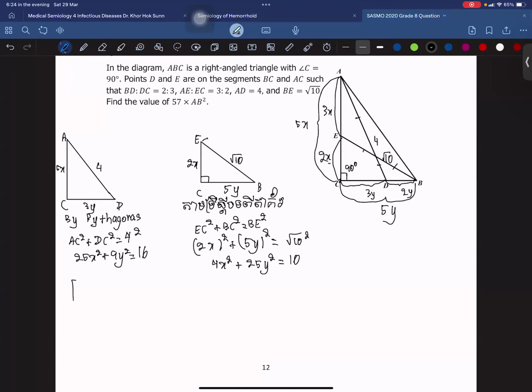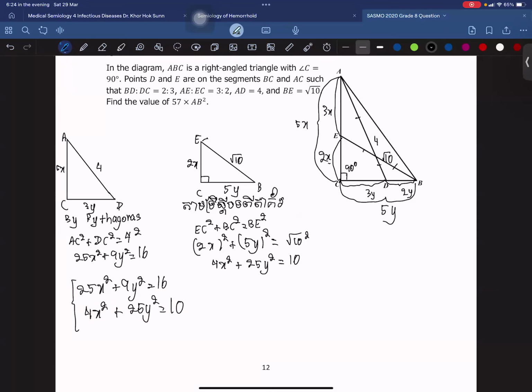Just do it like this: 25x squared plus 9y squared equal to 16, and 4x squared plus 25y squared equal to 10.